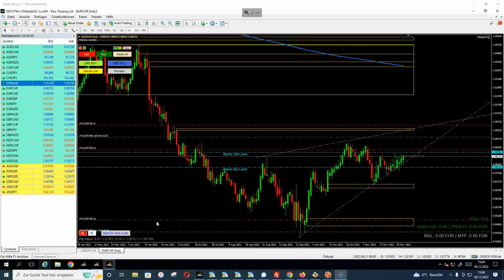Okay, let's start with the 3 pairs I wanted to show you, the 3 pairs I'm looking at right now, and maybe in the upcoming week we will see that the trade could trigger. You can see this is a sell limit with 3 microlots.